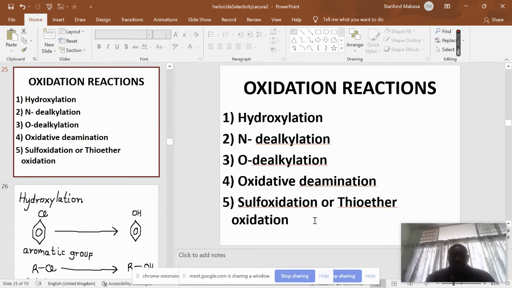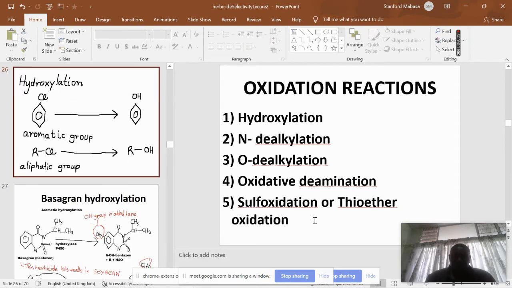And please note, all 5 processes are adding oxygen to the herbicide which has entered the plant system. Depending on the herbicide, one of these processes is going to be dominant in destroying the herbicide.